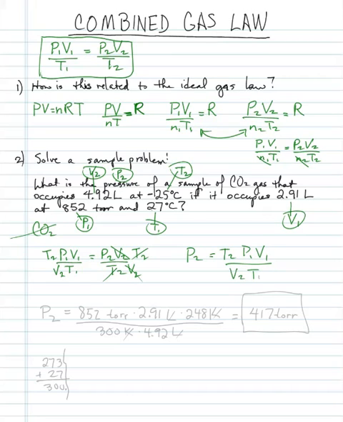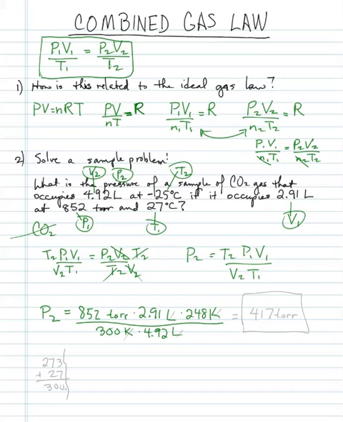And all I've got to do is pop those numbers in. My P2 will equal 852 torr times 2.91 liters times 248 K over 300 K, and I'm not sure if I'm writing these in the same order, but it doesn't really matter, 4.92 liters.